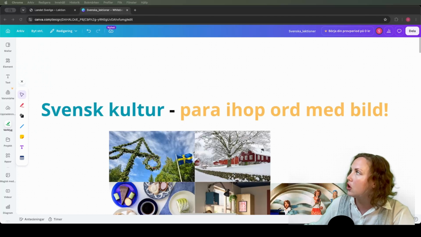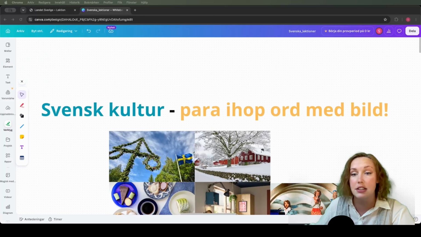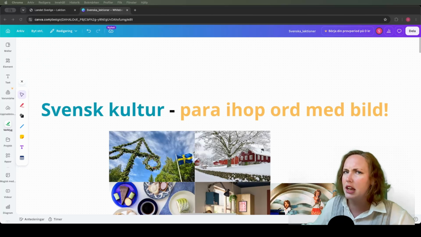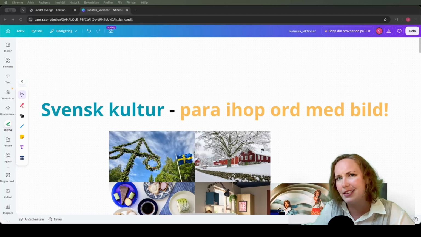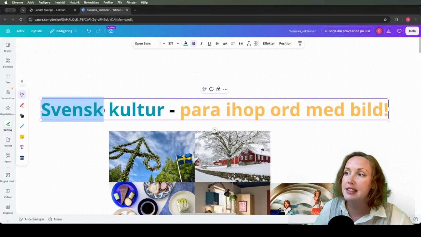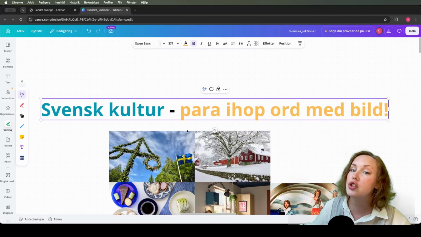So we can start by just looking at this text above my head here. What does it say? It says svensk kultur. Para ihop ord med bild. These are the instructions about what we're going to do right now.